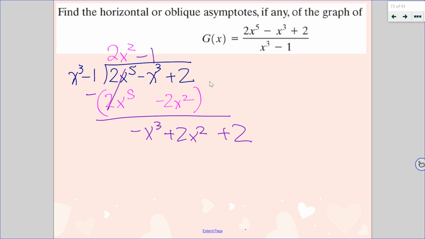So, can you read the rest of that flow chart after it says do polynomial long division? What does it say that I should do at this point? Yeah, so it says find the horizontal or oblique asymptotes. What would I say to that?